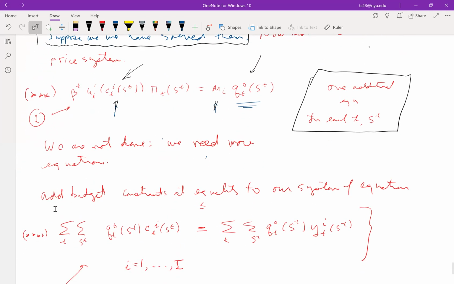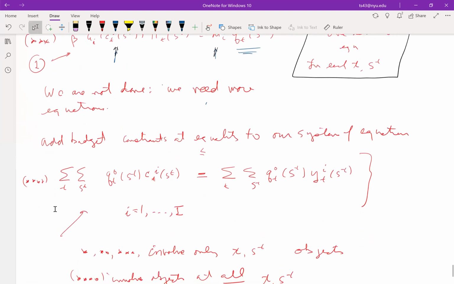So if I count equations and unknowns now, that's kind of an interesting thing to know as a start for analysis, because you know whether you have enough. We're investigating whether we have enough restrictions to determine the things we have to determine, and it's going to turn out we do.